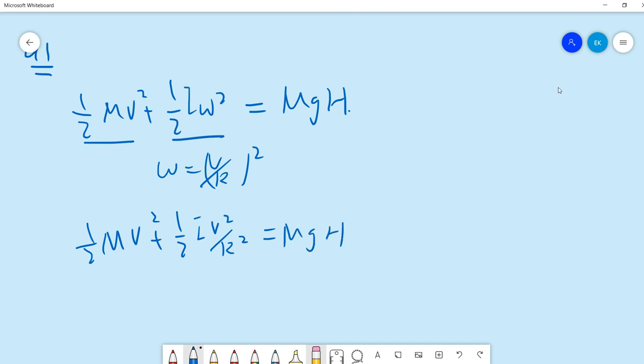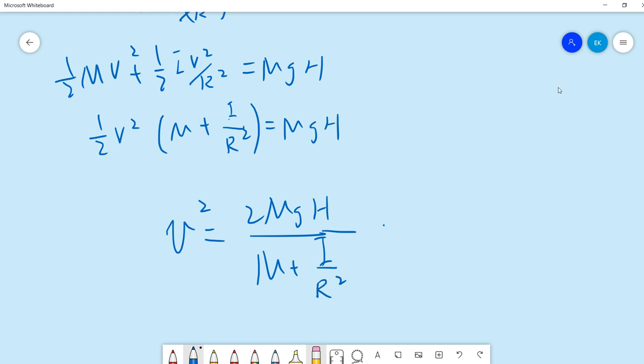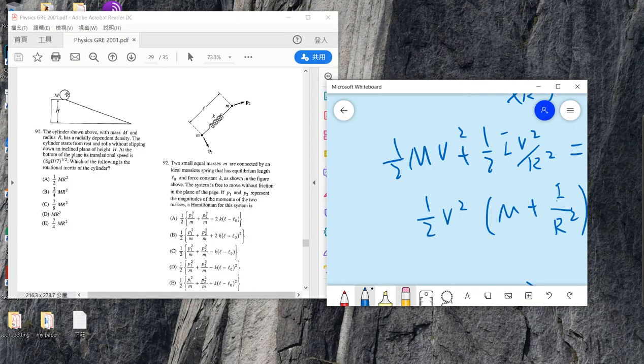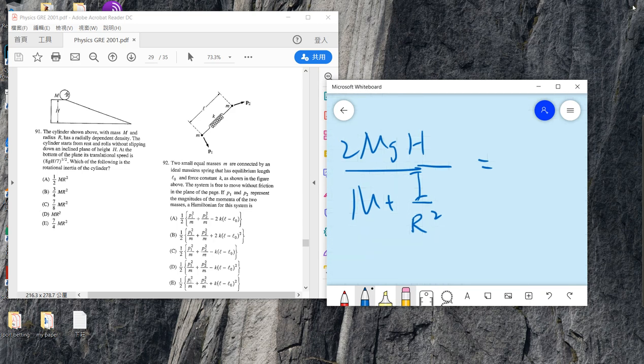So what we have is m plus I over r squared is this. So v squared is 2mgh divided by large M plus I over r squared, which is 8gh divided by 7.